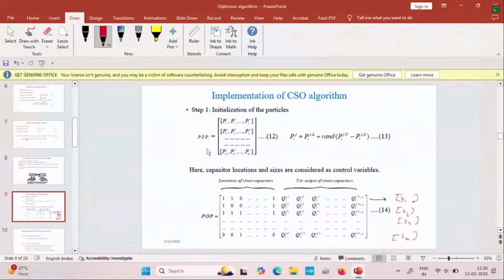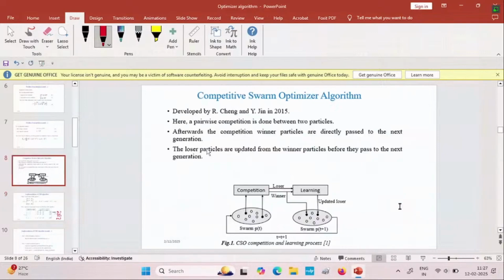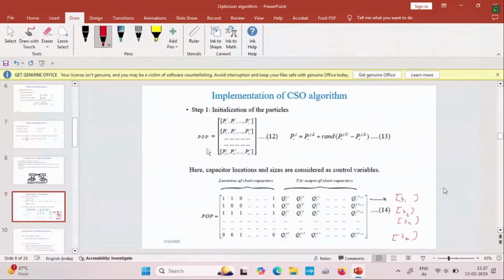Now we obtain this fitness function and here CSO comes into play. How? Based on this fitness function, any random 2 population will be taken and their fitness will be checked. So here maybe f of 1 and f of 3 and their corresponding solutions will be checked.